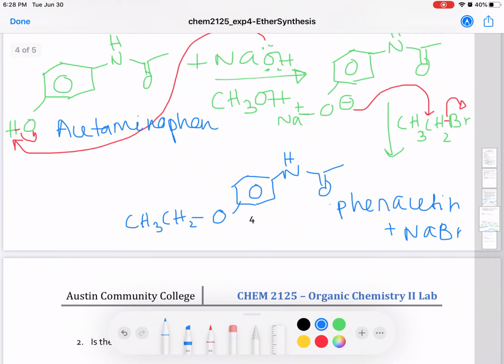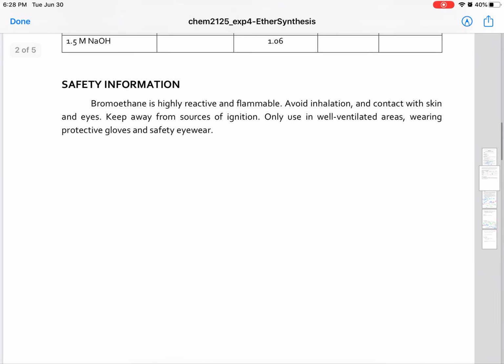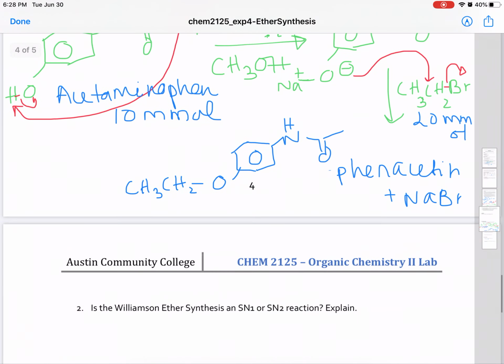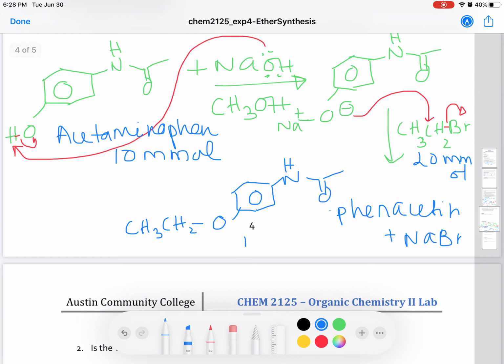So you started with 10 millimoles of this, 10 millimoles of that, and 20 millimoles of this. So acetaminophen is going to be the limiting reactant. That's the amount of phenacetin that you are going to make, 10 millimoles, 1 to 1 ratio.